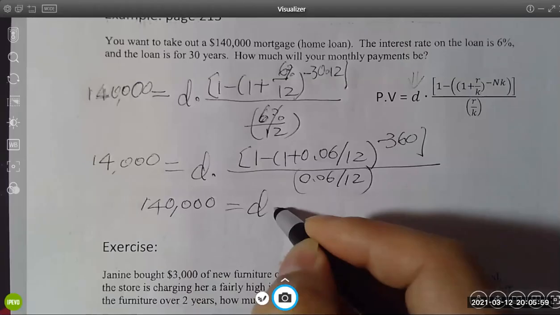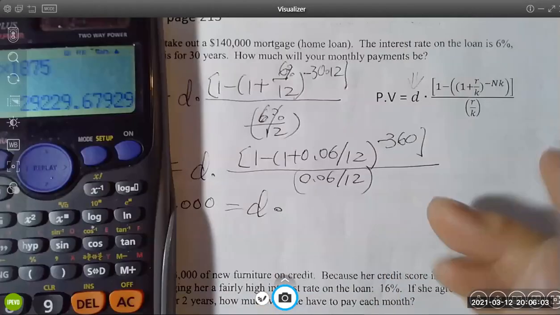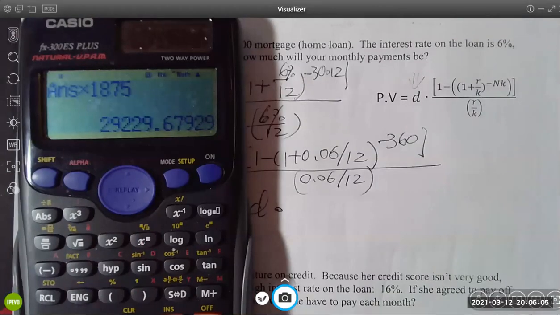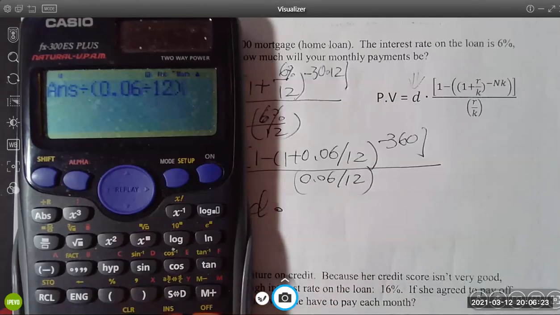So let's calculate this number. 1 minus parentheses 1 plus 0.06 over 12 to the power of negative 360, equals, divided by parentheses 0.06 over 12, equals.